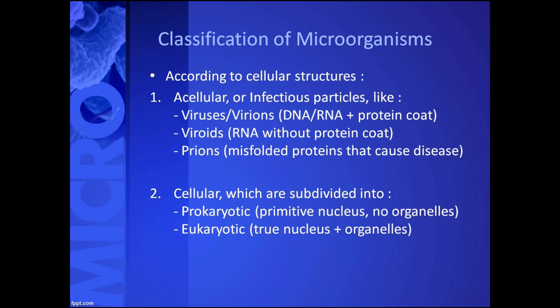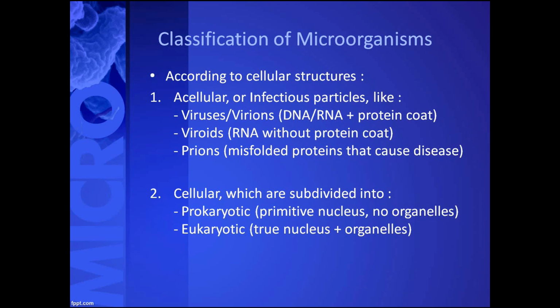Now moving on to cellular microorganisms, these are subdivided into prokaryotic and eukaryotic. Prokaryotic means before the nucleus, and eukaryotic means a true nucleus. So the prokaryotic have a primitive nucleus. Their nucleus does not have a nuclear membrane, while eukaryotic have a true nucleus and have a nuclear membrane.